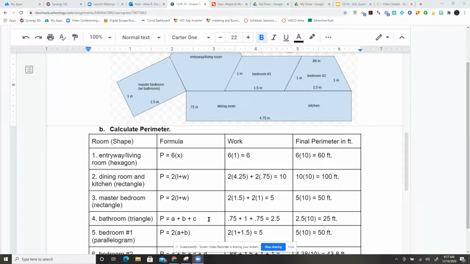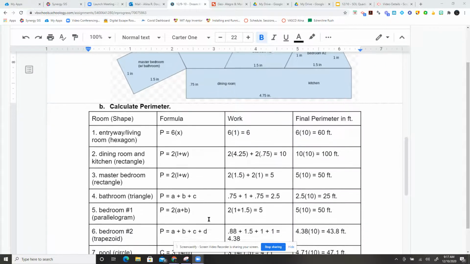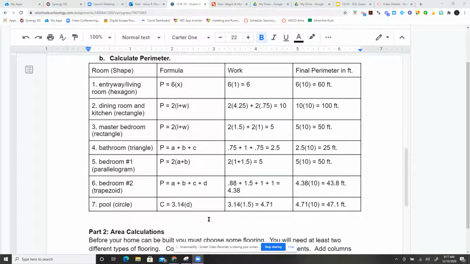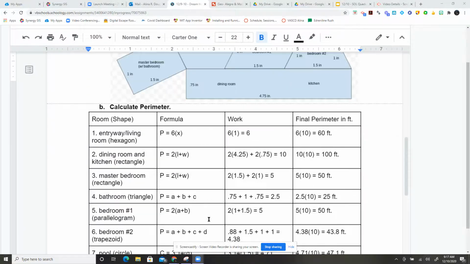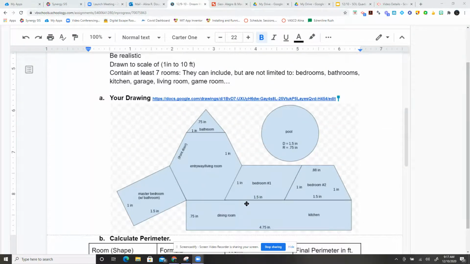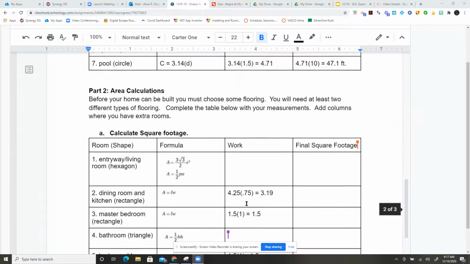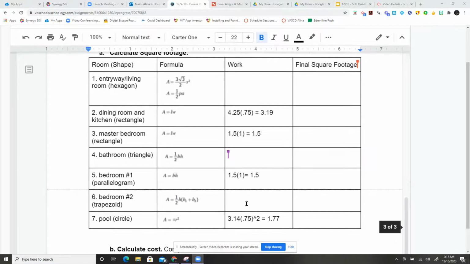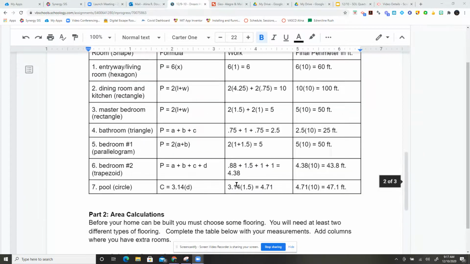Brilliant. Then the pool diameter and radius. Perfect. So now we're working on the... nice. 1.5 and 1 for the parallelogram.